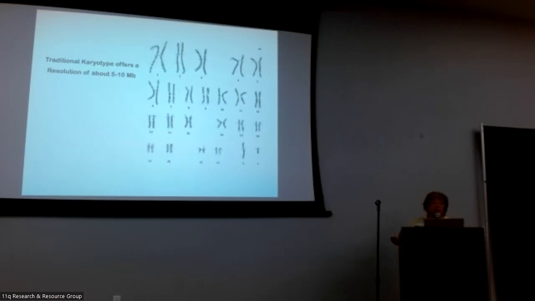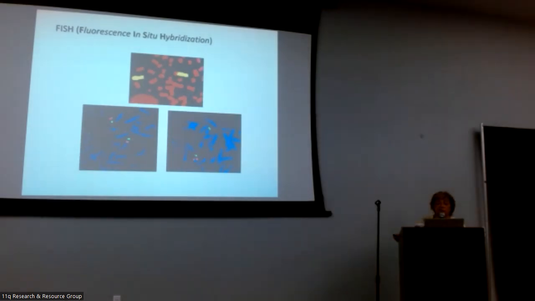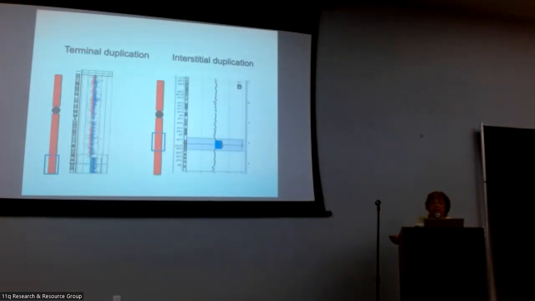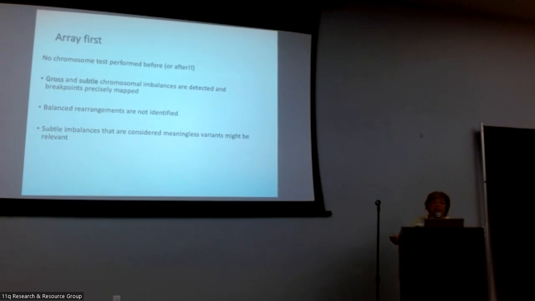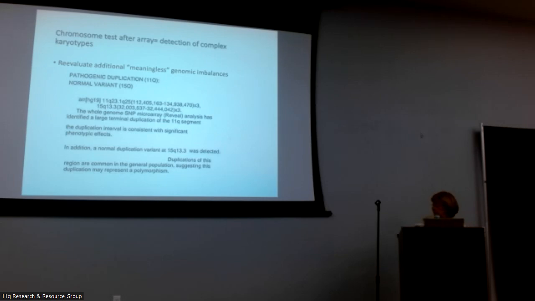So traditional karyotype, FISH, microarray, and if array is made first, usually no chromosome test is performed before or after nowadays, while it would be important to have complete tests done using both array and chromosomes. Here you see one of recent cases.